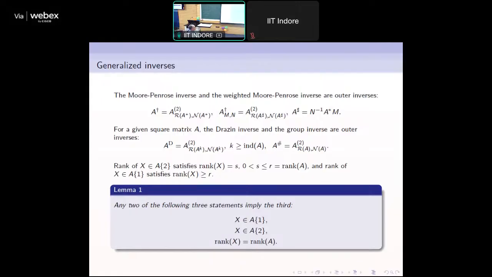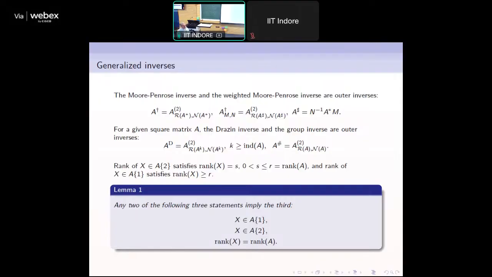The weighted Moore-Penrose inverse is related to two positive definite matrices M and N. The range and null space of the weighted Moore-Penrose inverse are defined using these matrices.